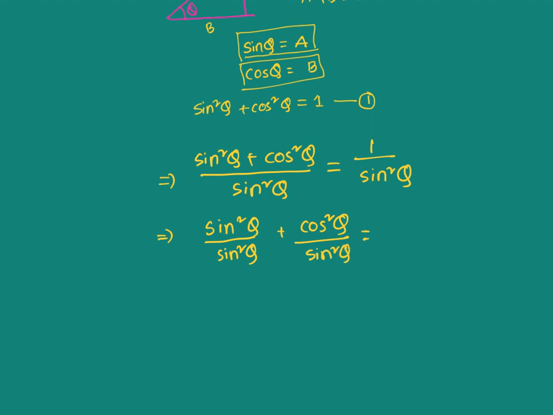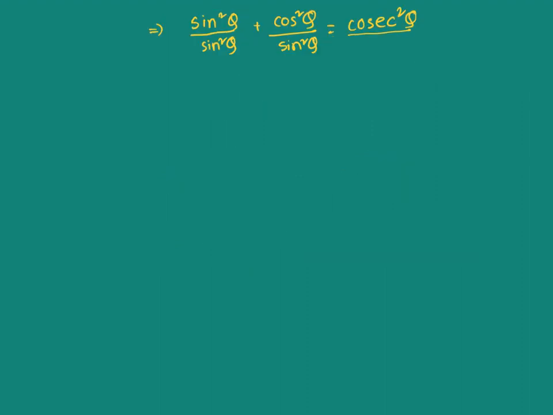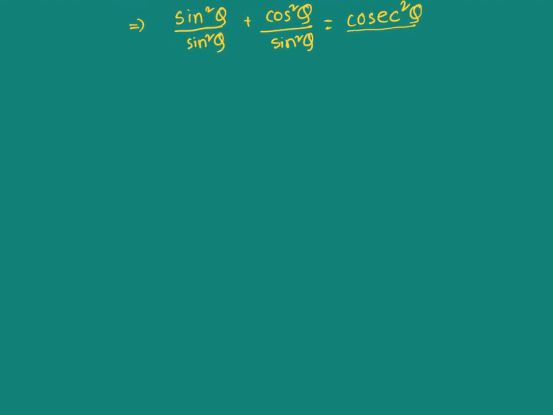Now 1 by sine squared theta is cosec squared theta, right? We had just seen that 1 by sine theta is cosec theta. So 1 by sine squared theta would be cosec squared theta. Now you can cancel the sine squared theta by sine squared theta, and this would be 1. And cos squared theta by sine squared theta is cot squared theta. We had just seen that.